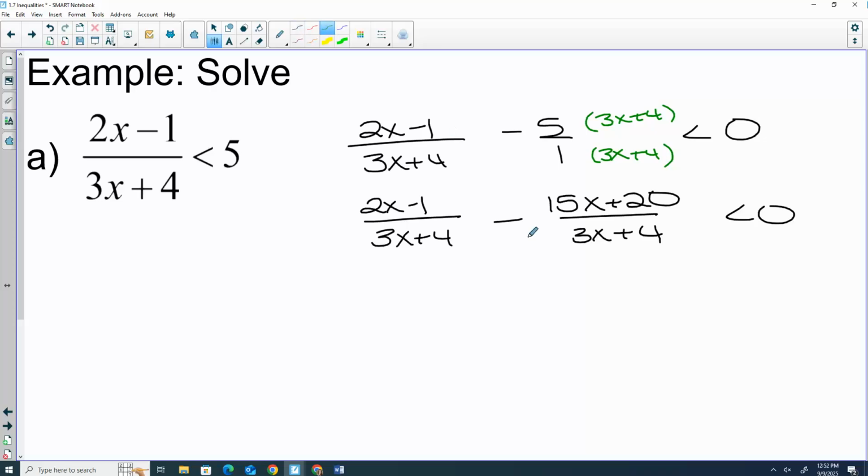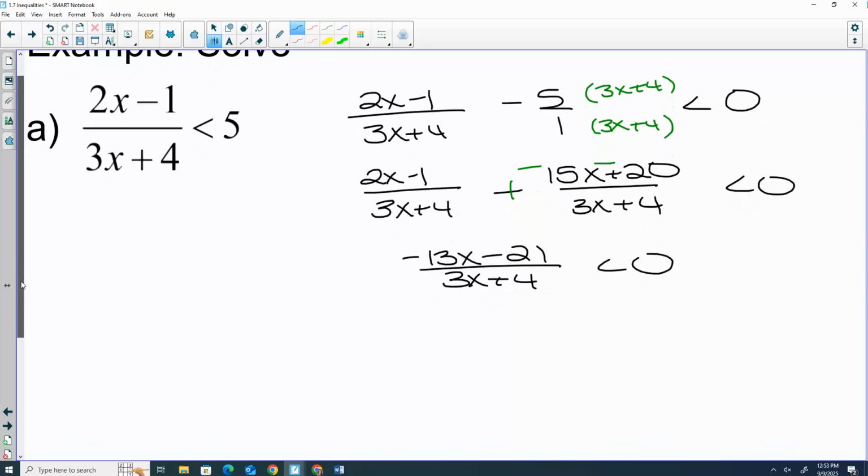Okay, distribute your negative. So then if we add those together, we get negative 13x minus 21 over 3x plus 4. So now set top and bottom equal to 0.